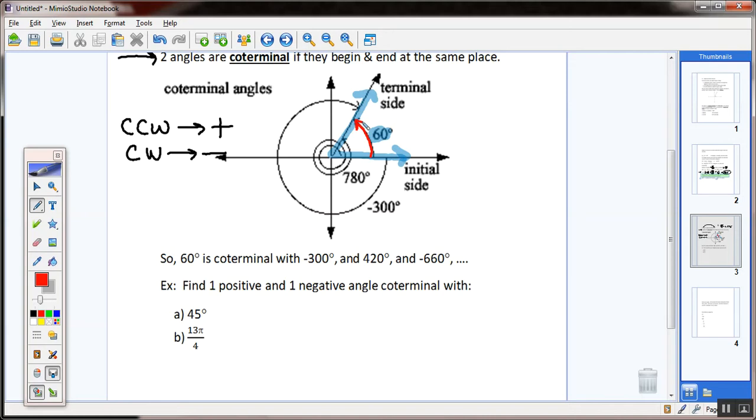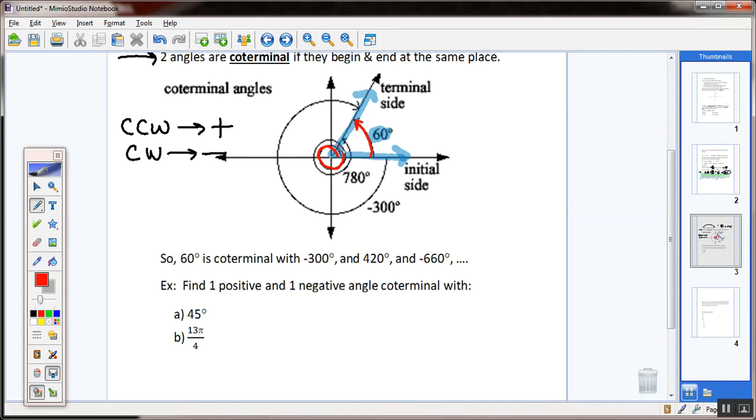Let me show you another thing right here. Is it possible that I could start here, go up to 60 degrees, go all the way around again, and be back at the same angle? If I go 60 degrees and then a whole other revolution, what's 60 plus 360? 420 degrees. 420 degrees would be coterminal to what? 60.